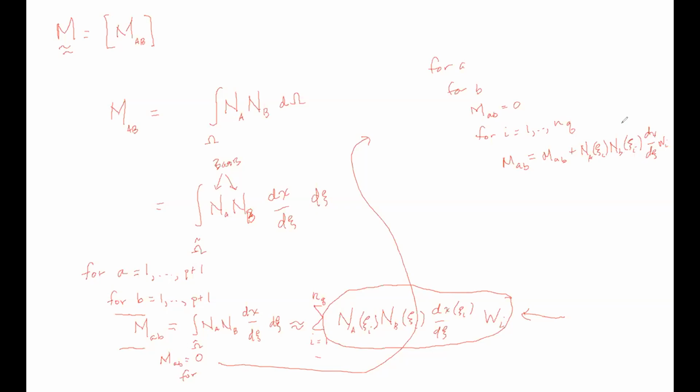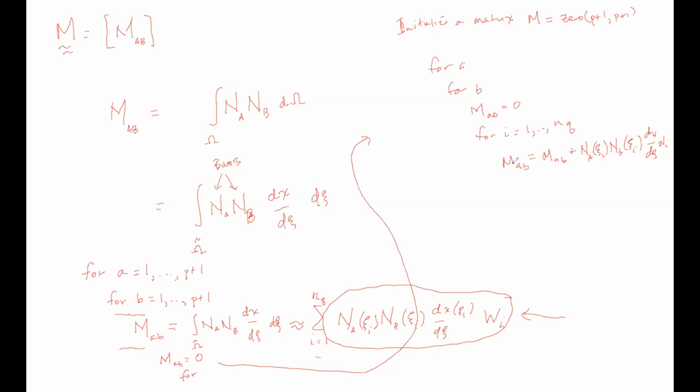Now maybe let's add a little more detail here. Out here you initialize a matrix M. Let's create a zero matrix of size P plus 1 by P plus 1, just a matrix filled with zeros.